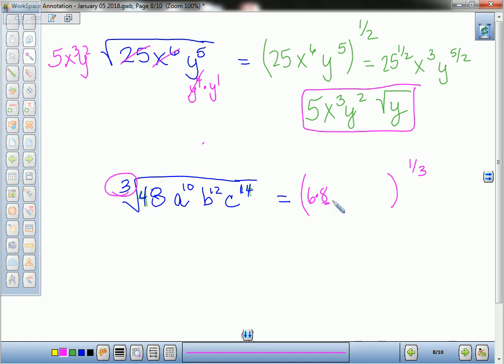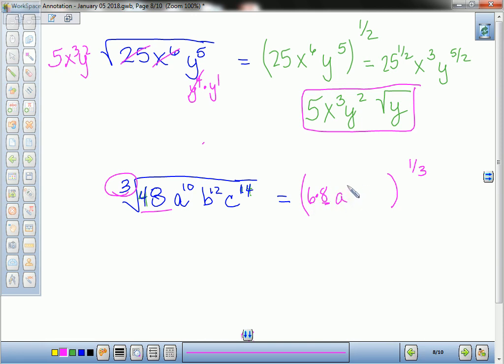Now I chose 8 because 8 is a perfect cube. So if I'm trying to simplify this, I look at this number and I go, okay, are there any perfect cubes that are a factor of 48? And it is 6 times 8.